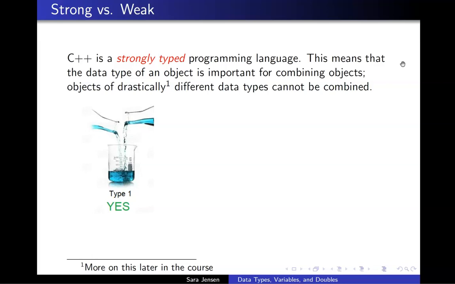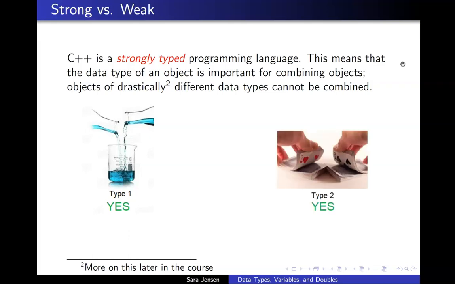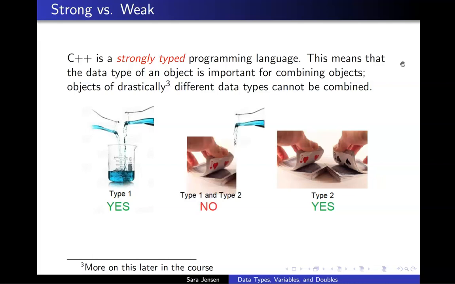So if we have 2 objects of a data type that are very similar, we will be able to combine them together. But what is not allowed in C++ is taking 2 different objects, one of one data type and one of another, and combining those together.